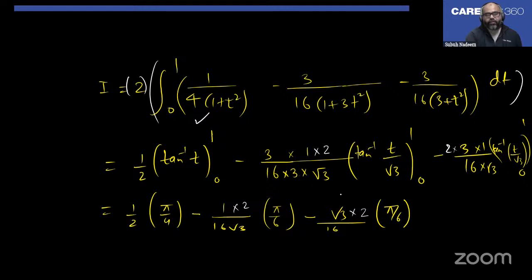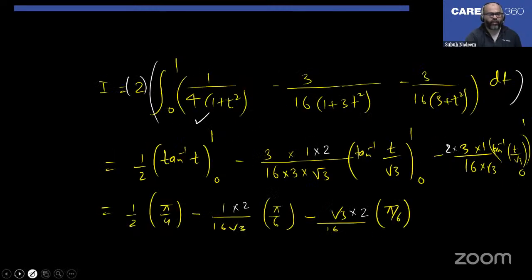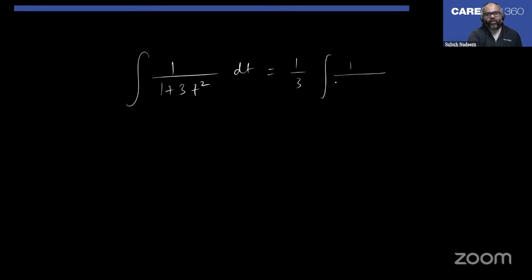That we have to find out actually. If it is 1 plus 3t square, what will be its integration? This will be written as 1 by 3 into 1 by root 3 square plus t square dt.